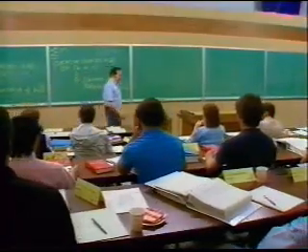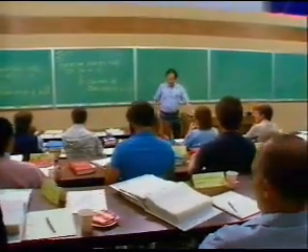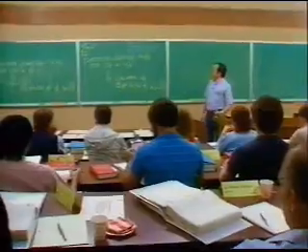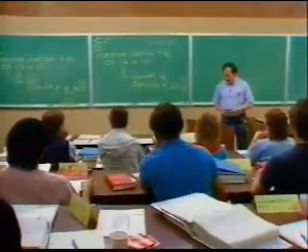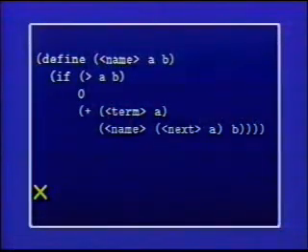Okay, well, let's see what these things have in common. Right over here, we have what appears to be a general pattern, which covers all of the cases we've seen so far. There is a sum procedure which is being defined. It has two arguments which are a lower bound and an upper bound. The lower bound is tested to be greater than the upper bound, and if it is greater, then the result is 0.